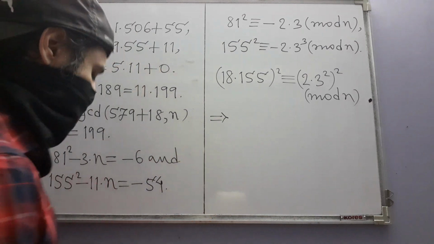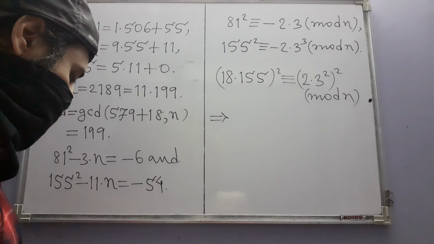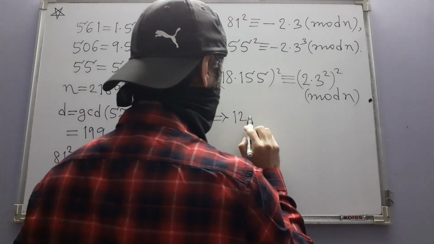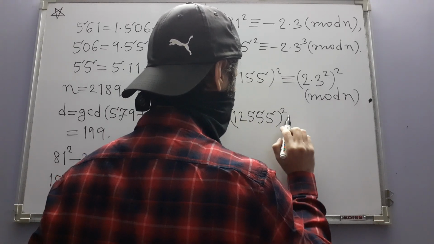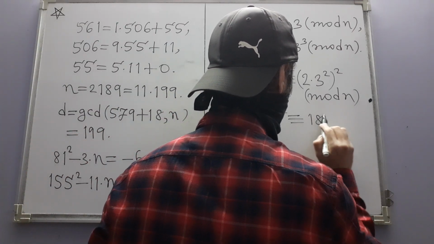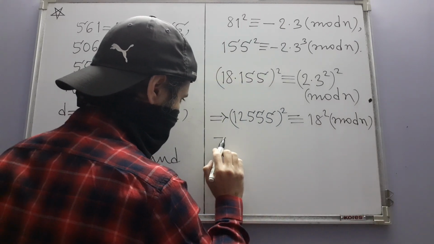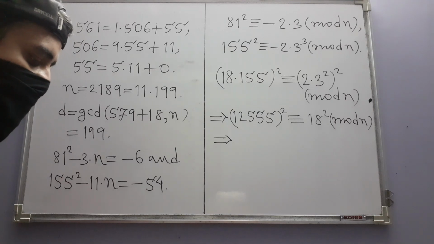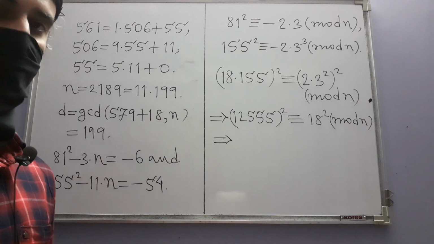And this turns out to be, well, not 1,000, 12,555. And that is congruent to 18 square. So you already see that we have 18. And it turns out that this large number can be reduced modulo n to minus 579.